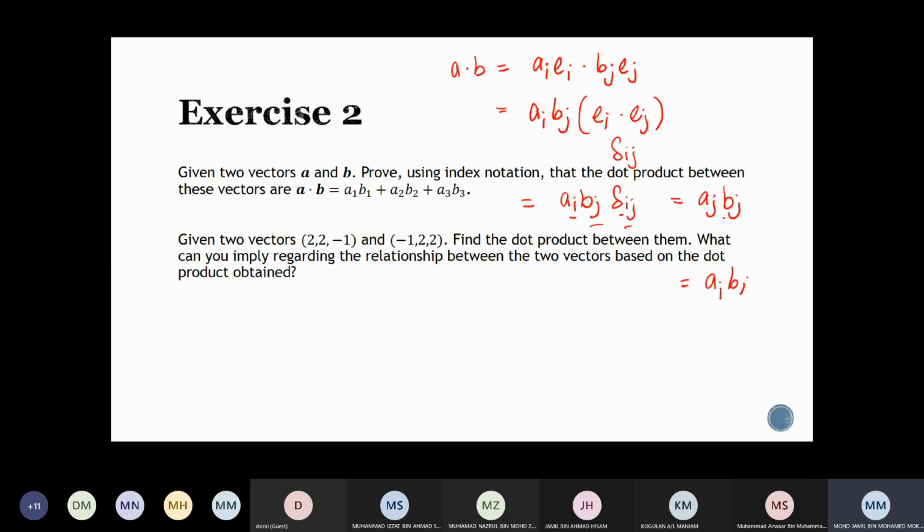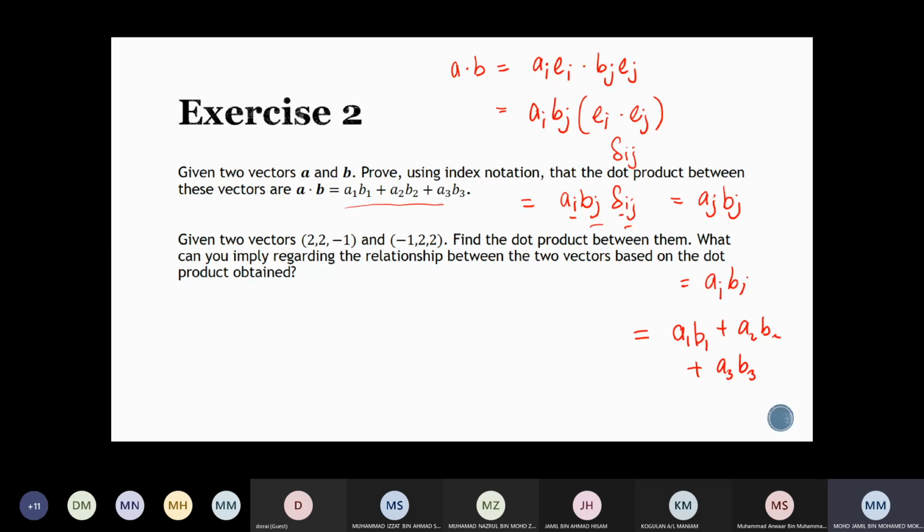But in the end, it's the same thing, because i and j are just dummy symbols. If you want to write it in component form, in number form, you can write A1 B1 plus A2 B2 plus A3 B3. So we have proven it here.